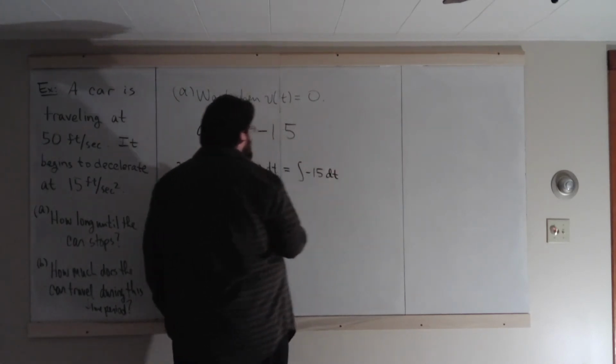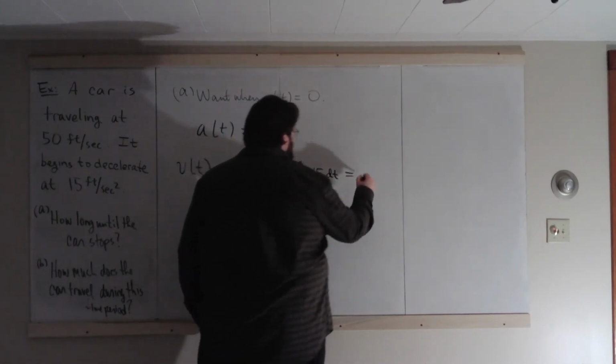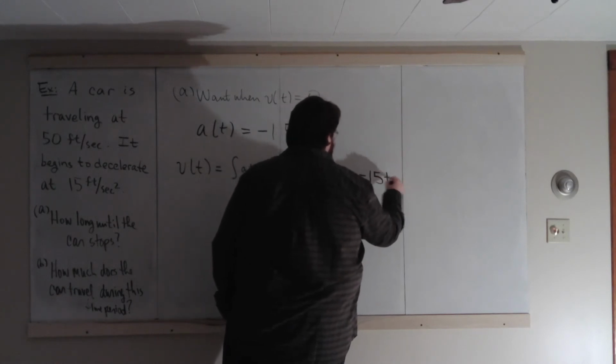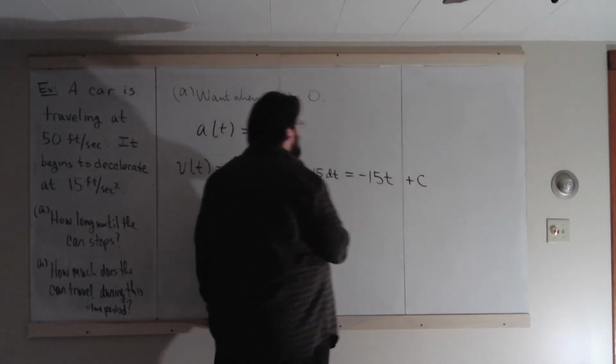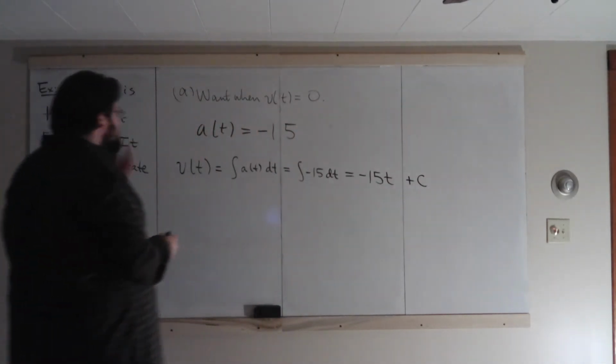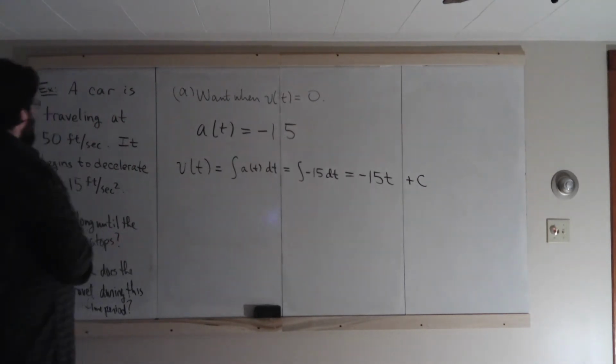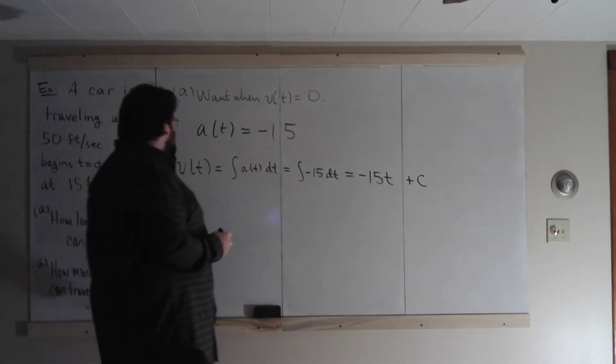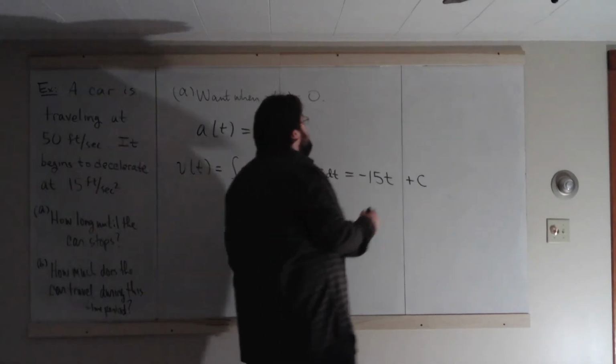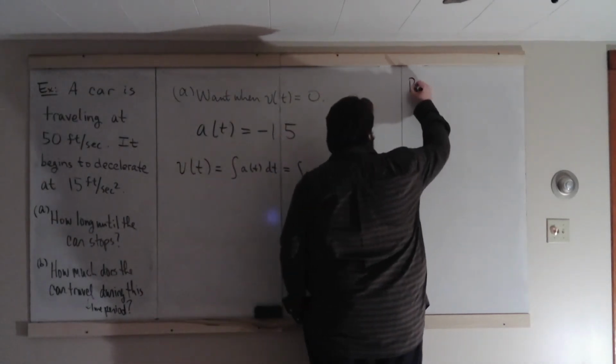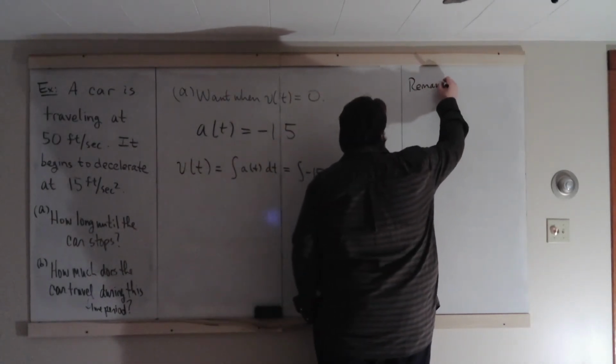With respect to t, rule 1 would tell us that that is negative 15t, but we need a constant of integration. How can we solve that constant? Well, maybe I should have made a remark. I'll just write a remark on the side up here.